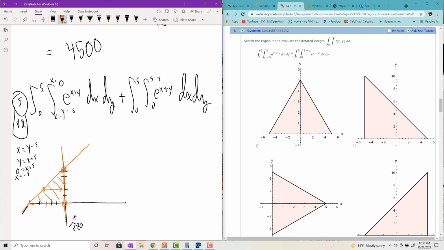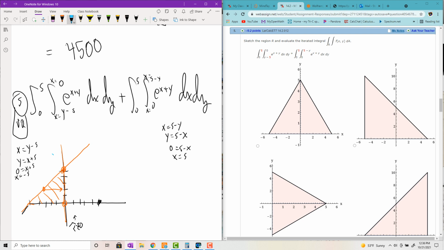The second integral then, and again you may want to rewrite it, the top curve is x equals 5 minus y. So rewriting it, y equals 5 minus x. It has a negative slope. The y-intercept is at 5, and the x-intercept is 5, right here.